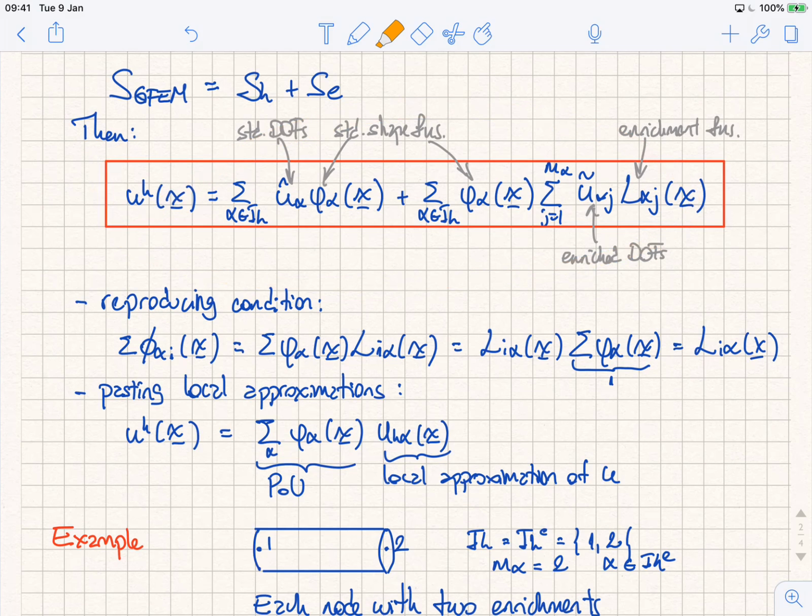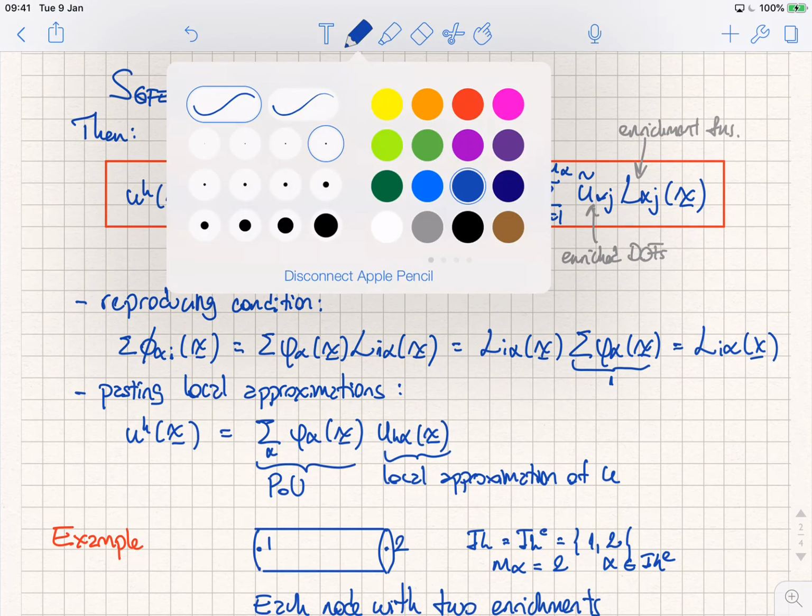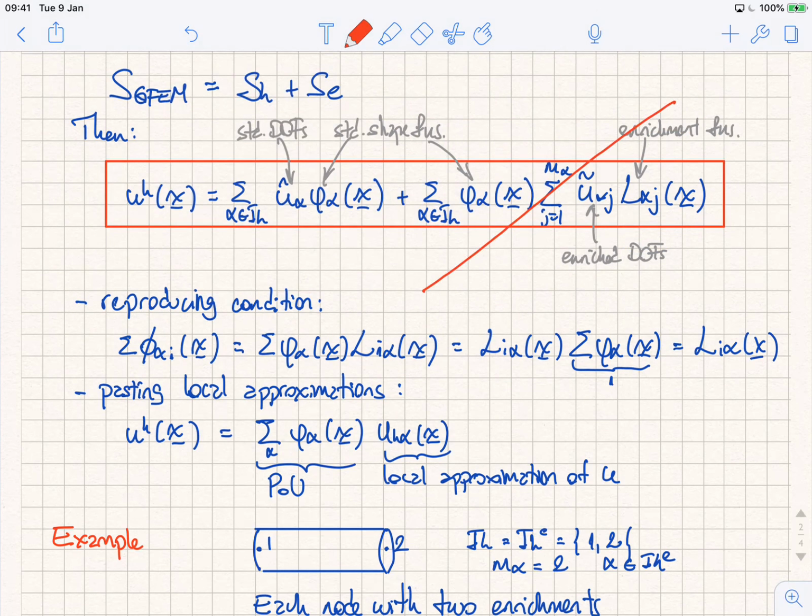So if I look at this enrichment function, and that enrichment function is equal to 0 at the location of the node, that basically means that this term is equal to 0. We get back a standard FEM. And this has a very important consequence, because if we get back a standard FEM, we get back all the nice features of standard FEM.